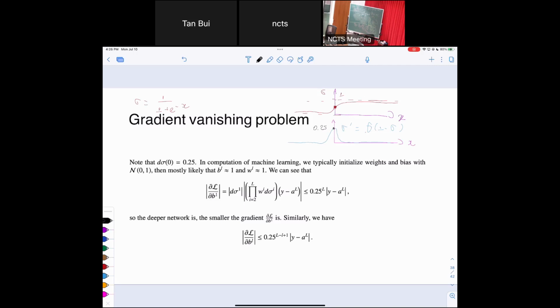Think of 0.25 as approximately 0.1, which is 10 to the negative 1. So this is 10 to the negative L. With 9 or 10 layers, you already have 10 to the negative 10, which is very small. With 16 layers, 10 to the negative 16 already.